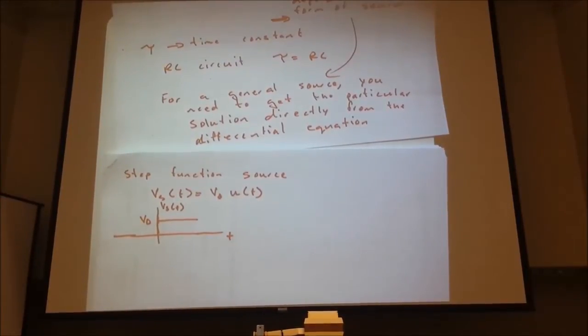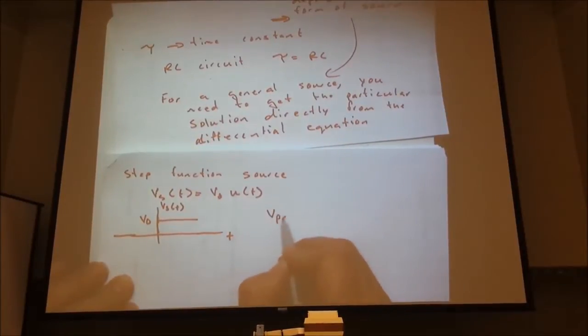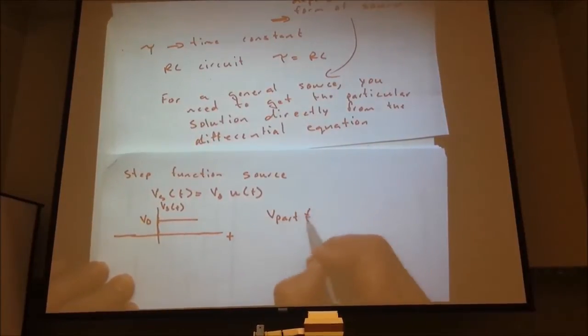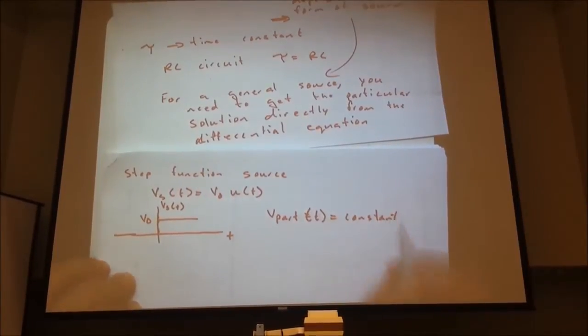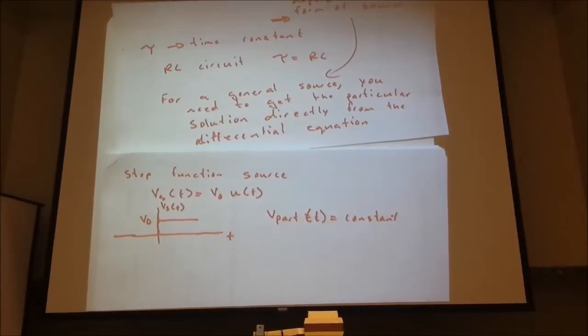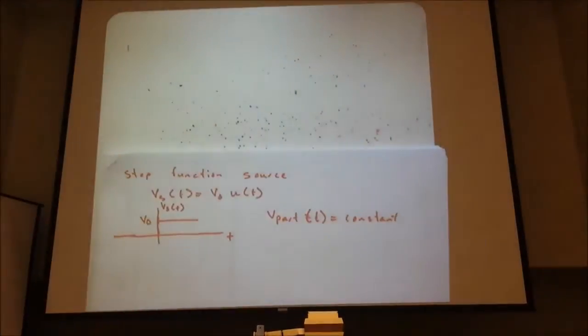For our step function source, the particular solution equals a constant because that's the same form as the source. The source is a constant for t greater than 0. Again, all our solutions are for t greater than 0.